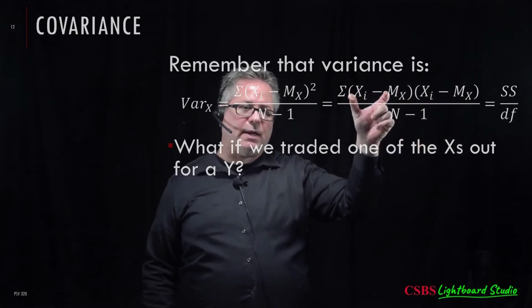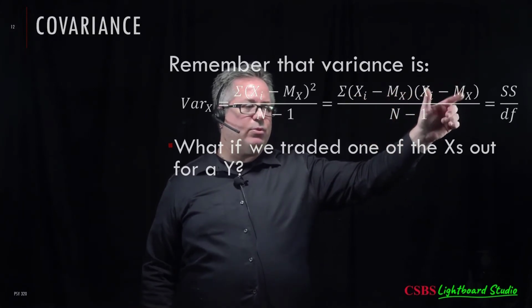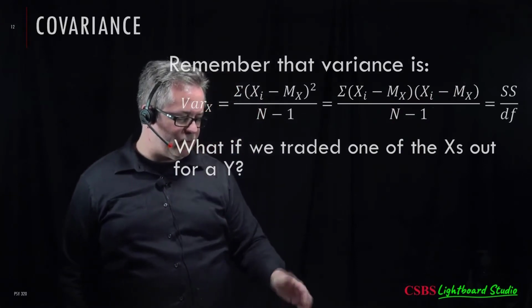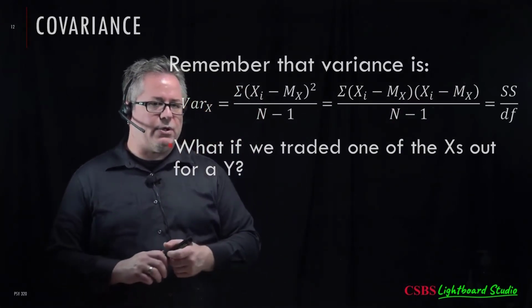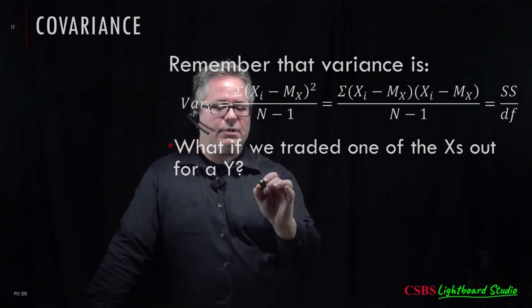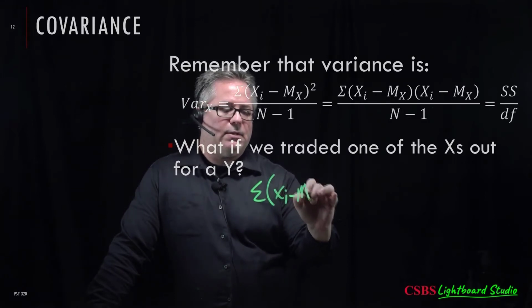Or if I look at it this way, (xi - mx), I could switch out for another variable here instead of just multiplying it by itself, instead of squaring. So what I could do is think of the sum of (xi - mx). Awesome.